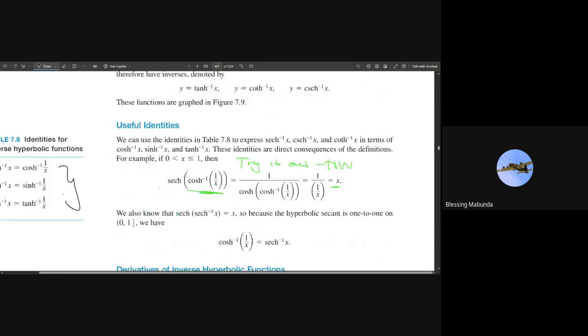And let's just quickly check the checklist to see if you also need to know the proofs here.